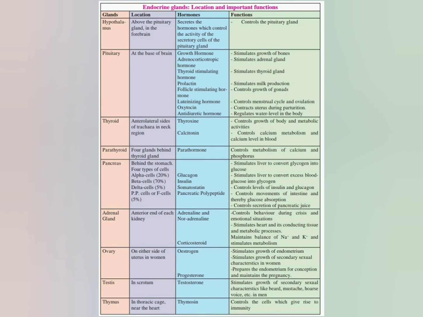And in this next slide, this is a screenshot of your textbook which explains which gland releases which type of hormone, where is the location of that particular gland, and what is the function of that particular hormone. So this is something that I would like you to go through yourself and try and memorize as much as you can, because these are very important hormones and the functioning of these hormones is required to be understood by all.